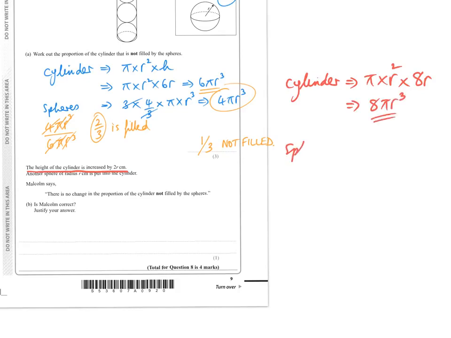And now for the spheres, we've got 4 of them, so 4 times 4/3 pi r cubed, and that gives us 16/3 pi r cubed, and we want the proportion of the spheres to the cylinder.